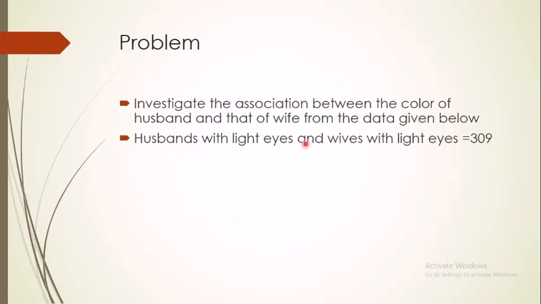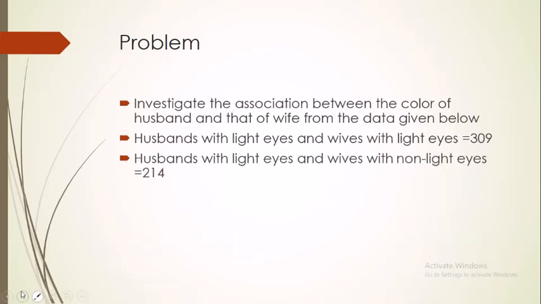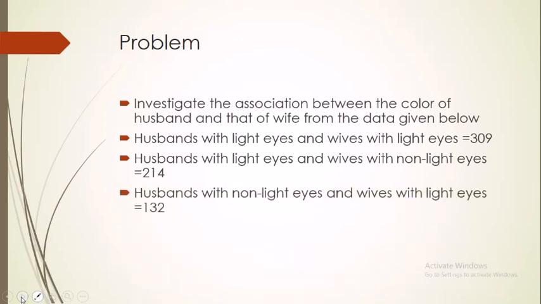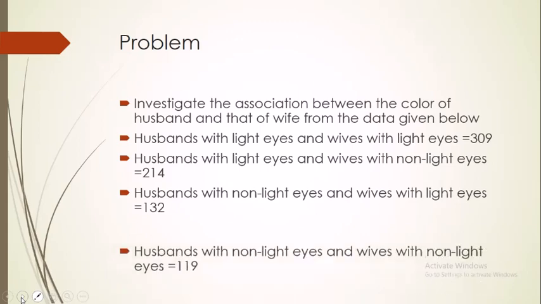Husbands with light eyes and wives with light eyes is 309. Husbands with light eyes and wives with non-light eyes is 214. Husbands with non-light eyes and wives with light eyes is 132.